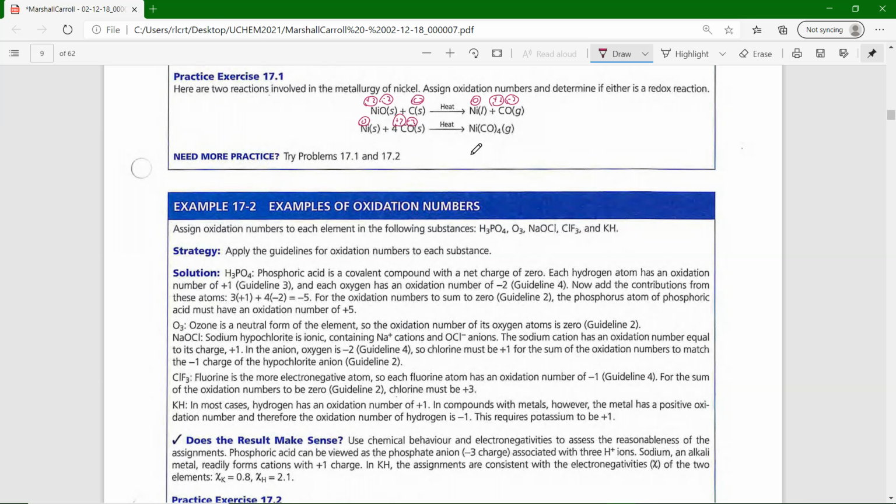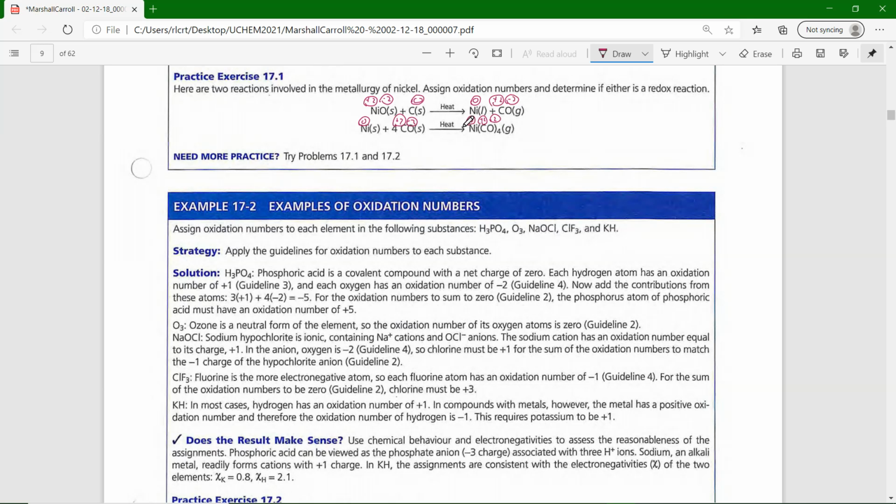Okay, now look at this one here. We got nickel, then we got CO4. Now this is a bit advanced. The CO actually is 0, so the oxygen is -2, the carbon is +2, and the nickel is 0. Now, of course, I'm going to look at practice exercise 17.1.